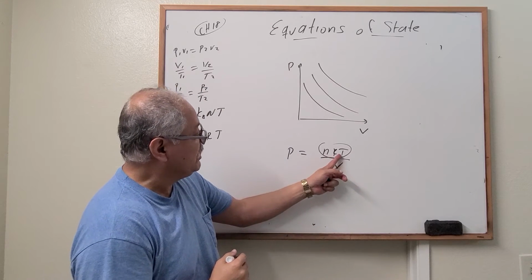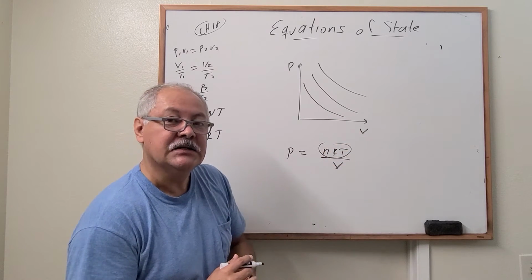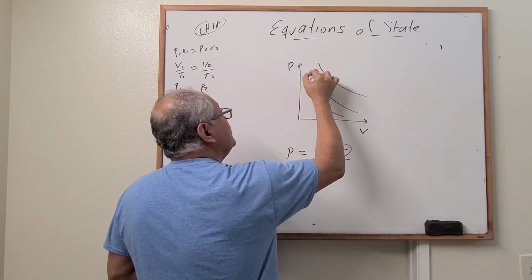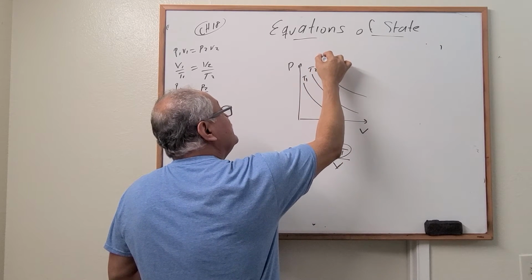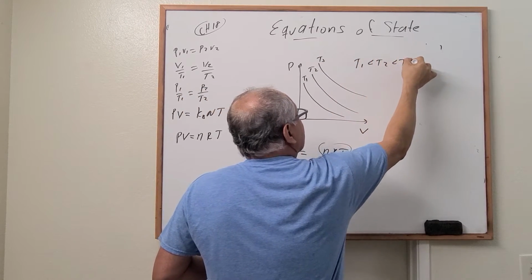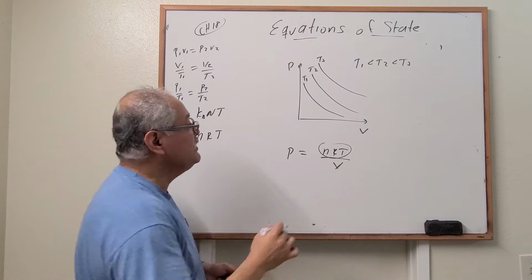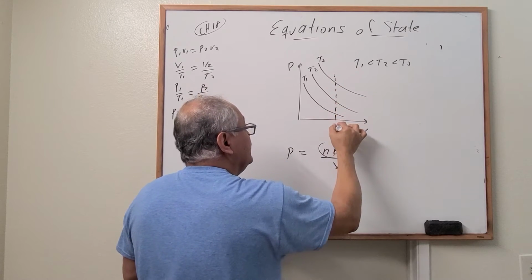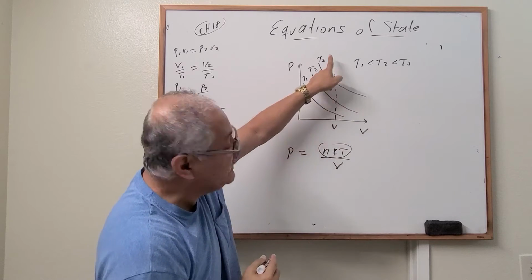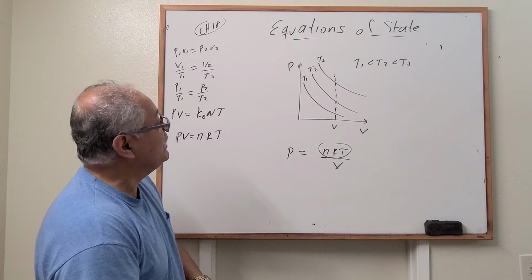When we increase the temperature, we increase the volume. So what do we have then? We call these T1, T2, T3, where T1 is less than T2 is less than T3. How can we find that? Well, we take, for example, this line. When V is constant for this line, what happens to the temperature?